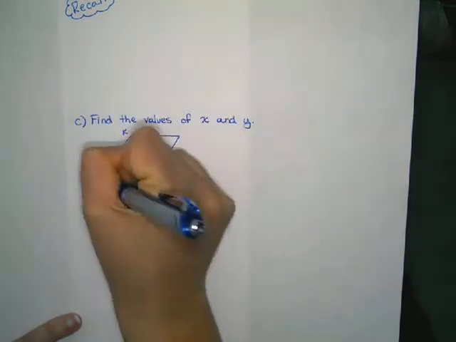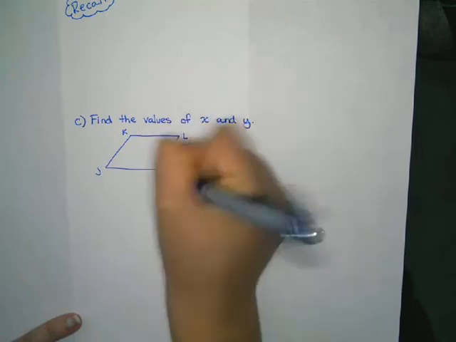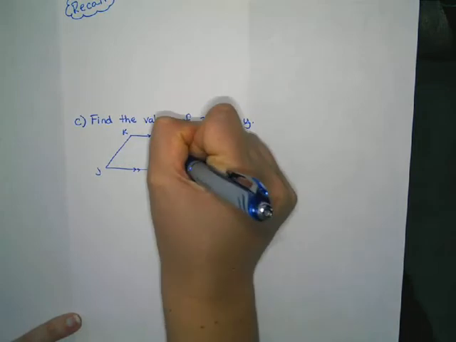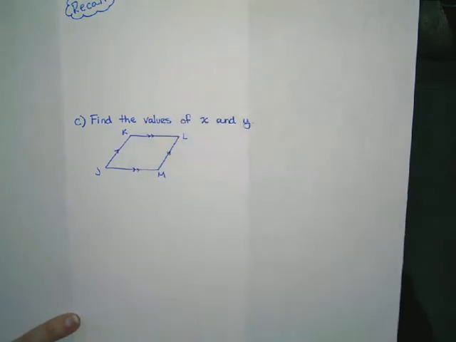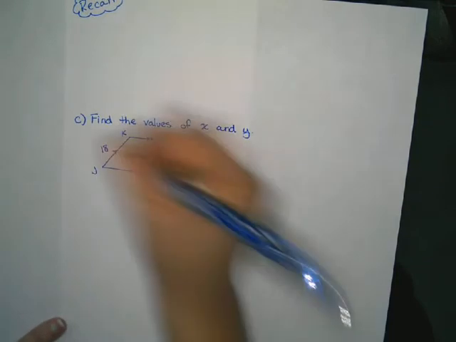Okay, so this is the given information. This side is 18. This side length is y plus 3. This angle is 2x degrees, and this angle is 50 degrees. And we need to find the values of x and y.